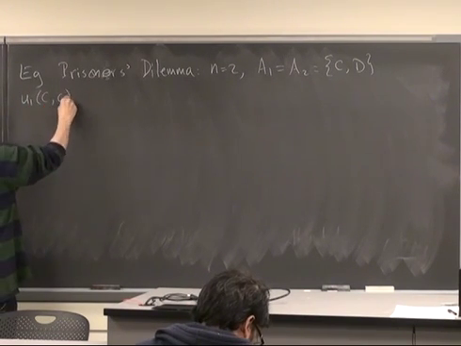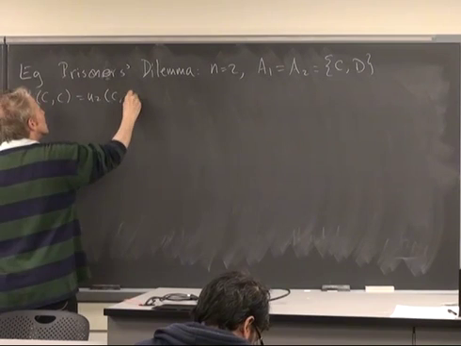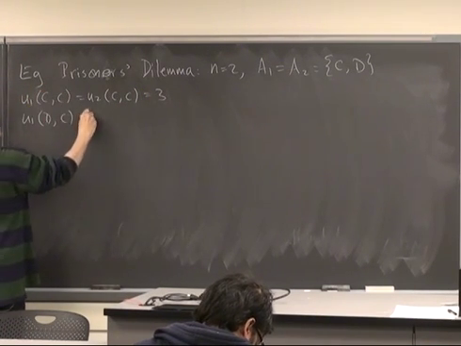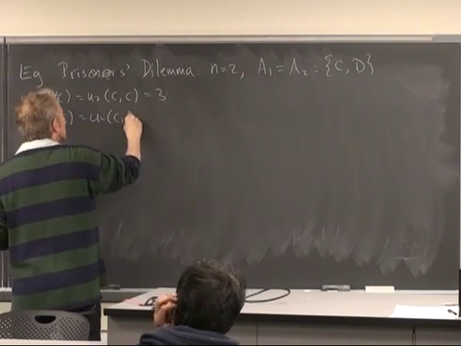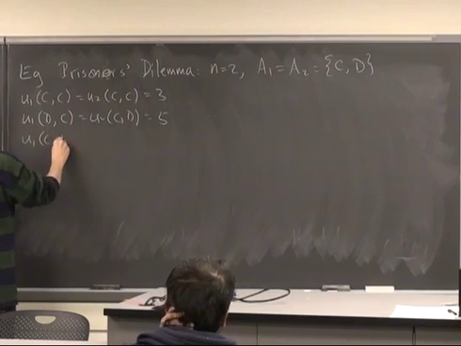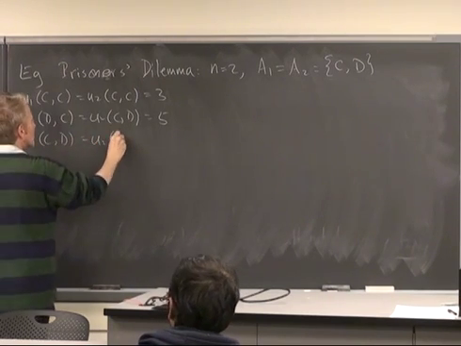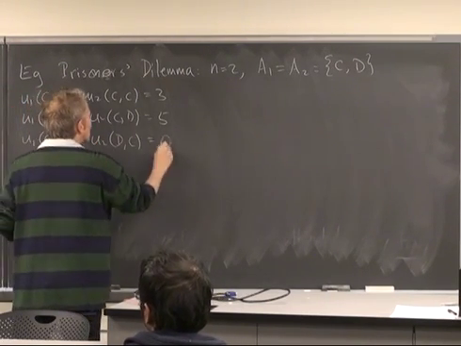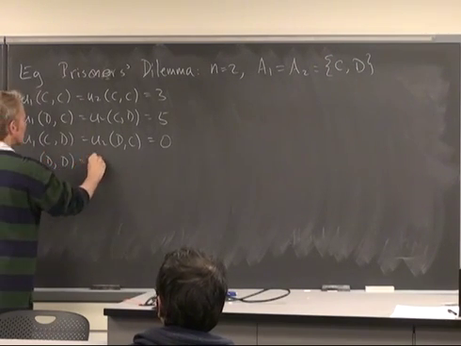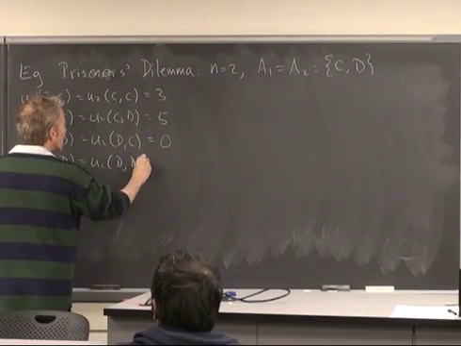And here are the payoff functions. U1 of CC and U2 of CC are both 3. U1 of DC and U2 of CD are equal to 5. U1 of CD and U2 of DC are both 0. And U1 and U2 of DD are both equal to 1.